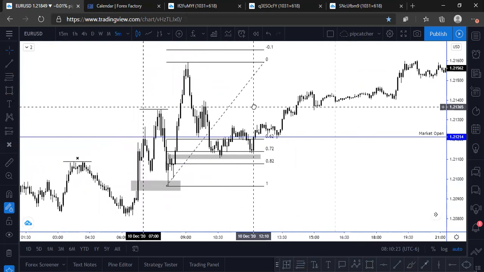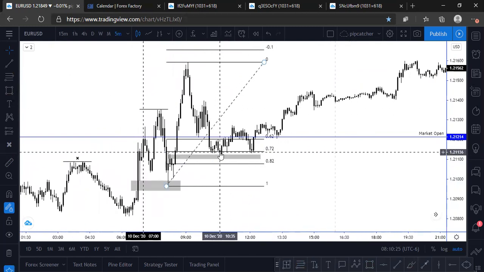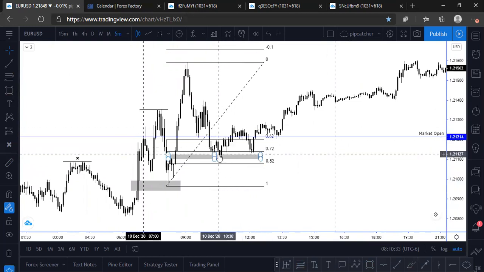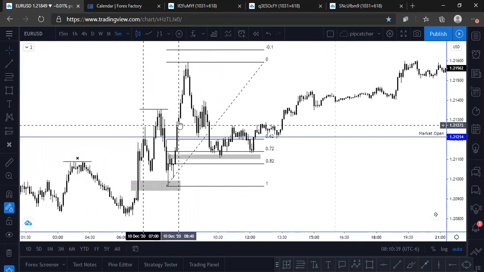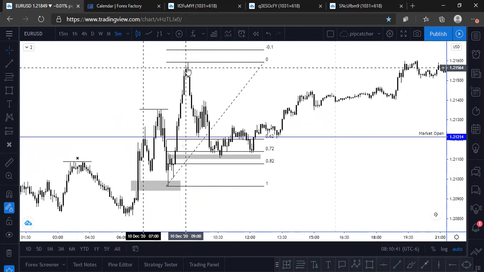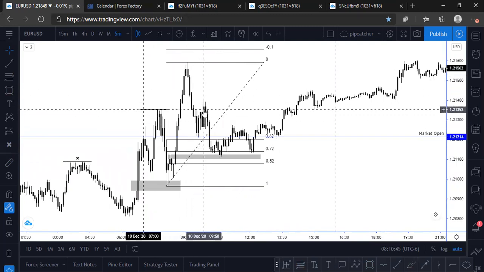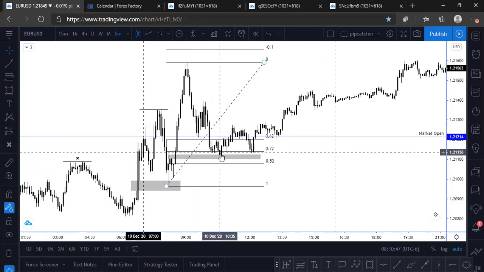But look at what's even crazier: this gave you another re-entry after your initial rejection from this area. So we see this big hefty push to the upside, price retraces back down in that area.